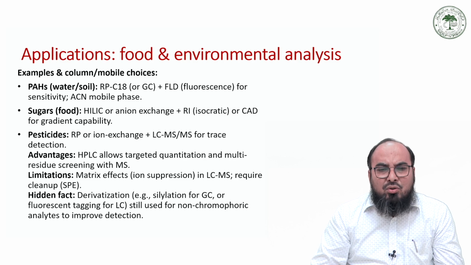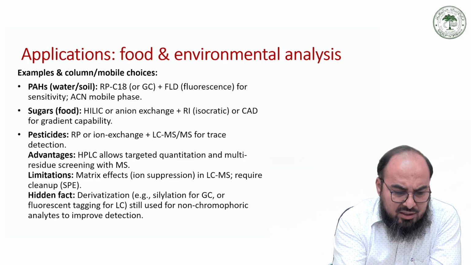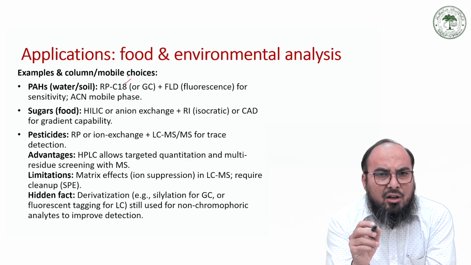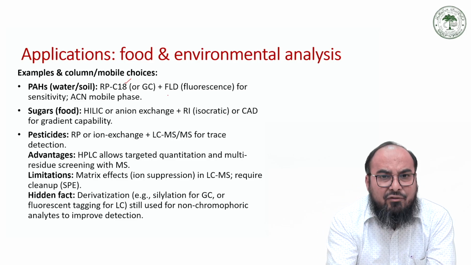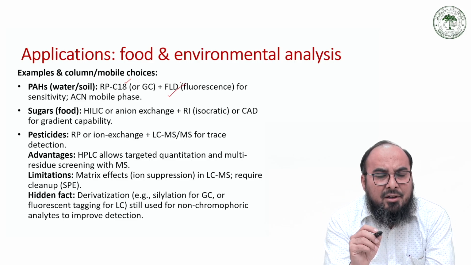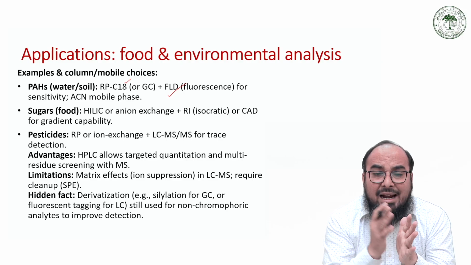With regard to food and environmental analysis, for example, here you use the C18 column, and you use an FLD detector, a fluorescence detector. Again, if there is no fluorophore, then sometimes you use a tagged fluorophore.